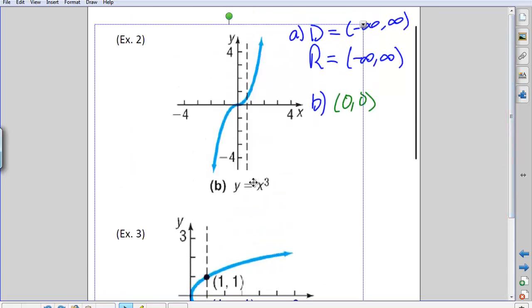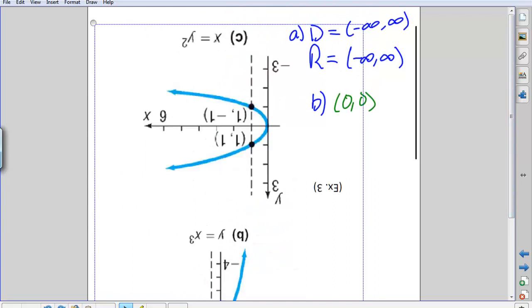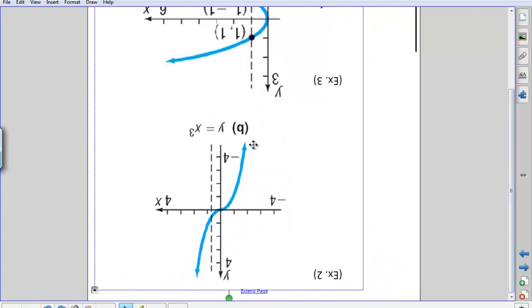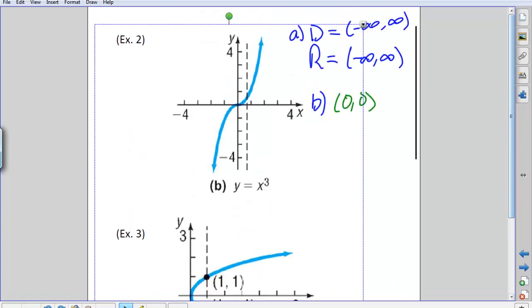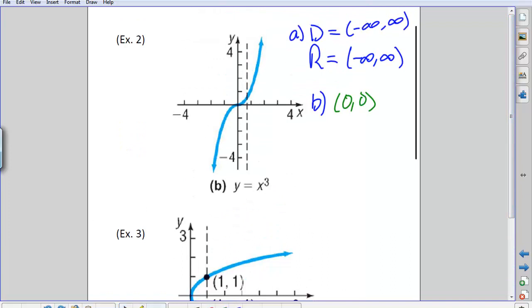Okay, that picture here, when I rotated a half turn, looks the same, right? So because we can go a half turn and get that same picture, this does have symmetry with respect to the origin.